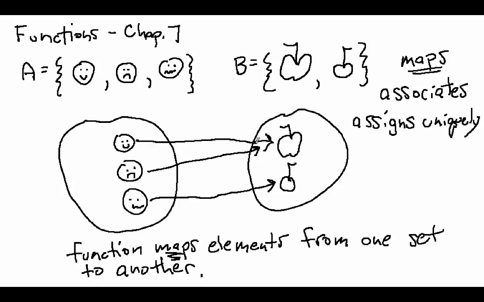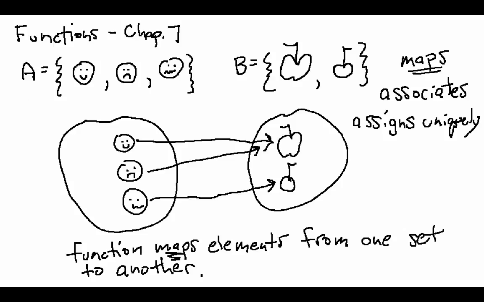Well, what does that mean? Well, what it means is first of all, for every element in this set, I have associated it with an element in this set. But more importantly, it means that I have assigned this to a single element over here.